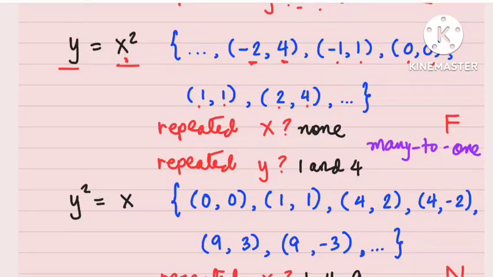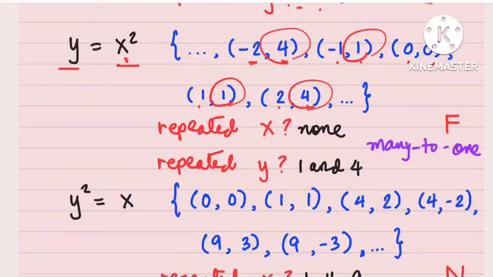Are there repeated values in x? We don't see any. Are there repeated values in y? Yes. We see that 1 appears in both ordered pairs. 4 appears here and there. So we see that there are repetitions in the values of y.